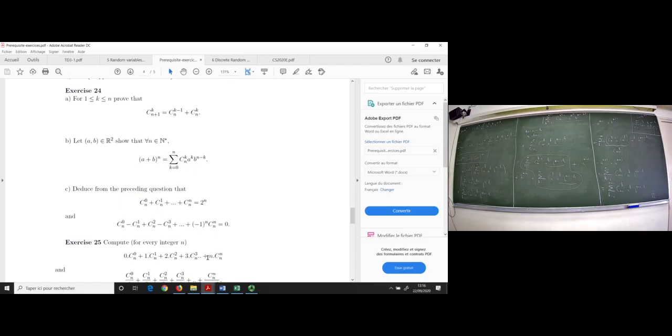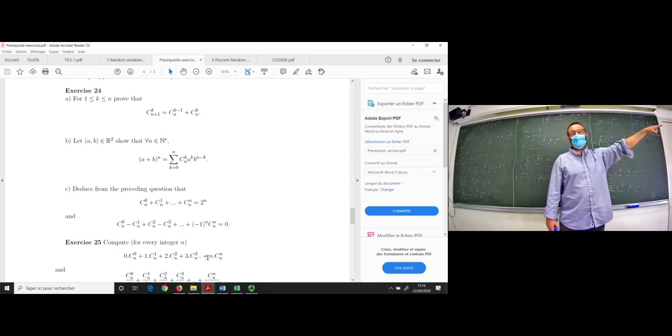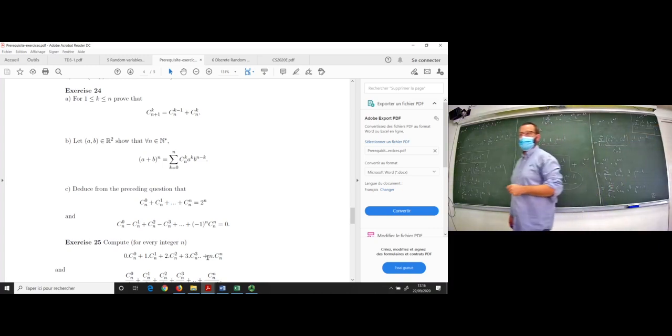Okay? Questions? So I repeat that it's important for you to be able to compute sums. Here I have just developed and handled sums, not more. The only thing that I have used is this one, that is just my question small a in exercise 24. So I have done the job. Question? Okay?